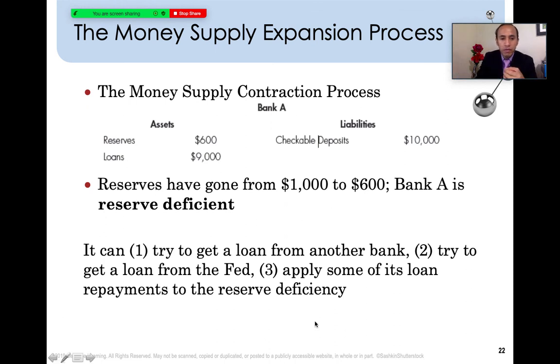Or they can get a loan from the Fed directly and pay them interest, or request some adjustment with the Fed. This process is an attempt to contract the money supply, which later will actually contract consumption and economic activity when you contract the money available in the market.